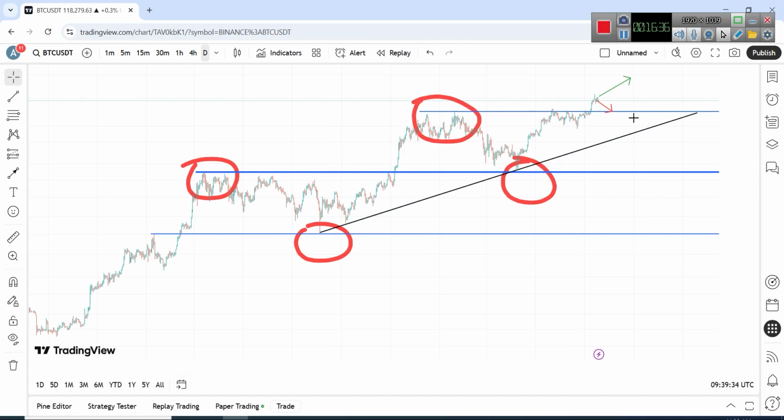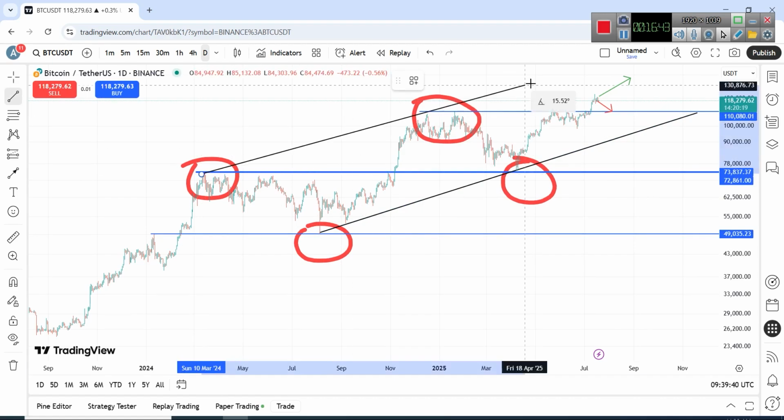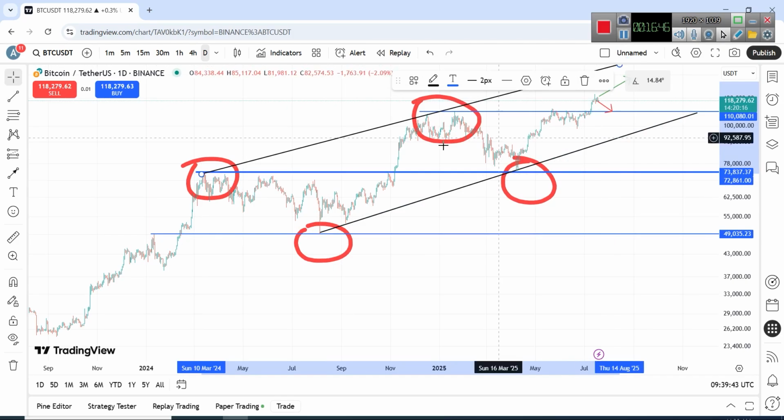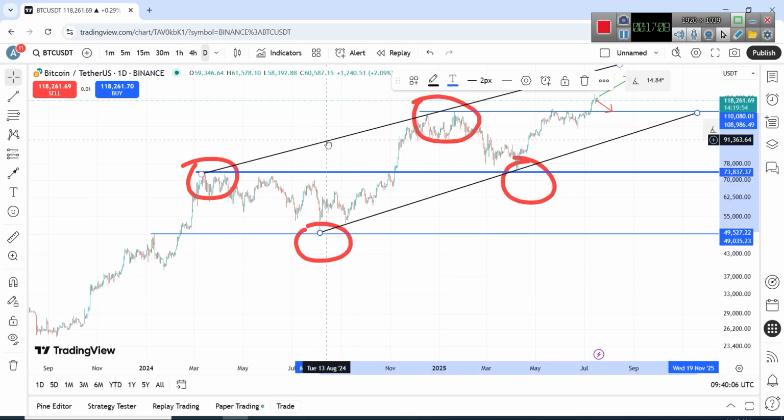We have one trend line right there and another trend line right here, which is connecting these higher pivots together. So for me, it's kind of like a channel. These two trend lines are likely parallel to each other.